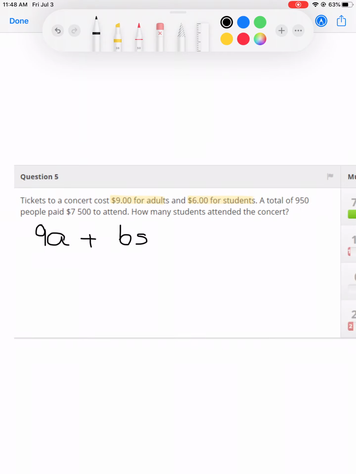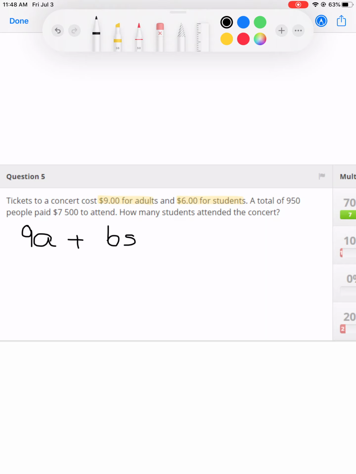Okay? So a total of 950 people paid $7,500 to attend. Because this deals with money. And then we also have, we don't know how many adults, we don't know how many students, but we know there are 950 people.